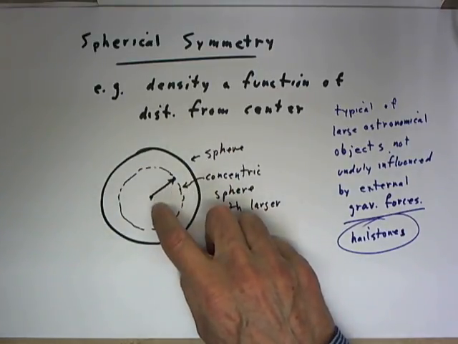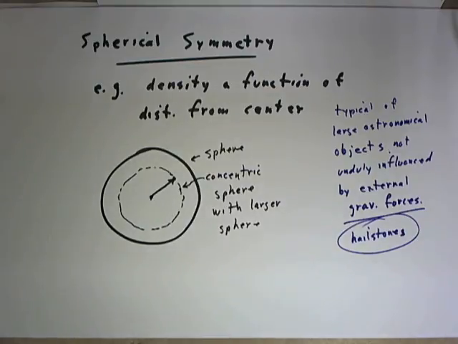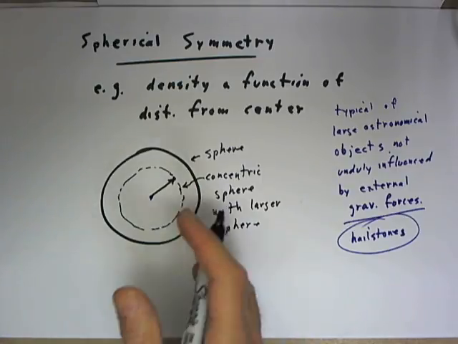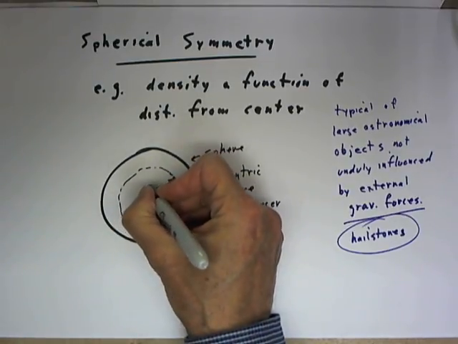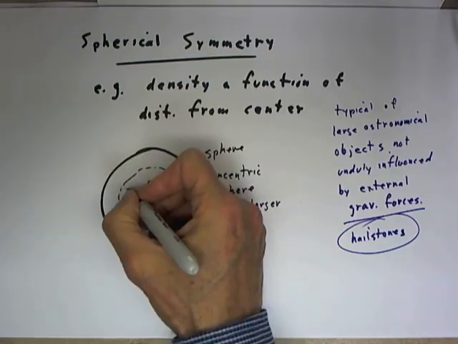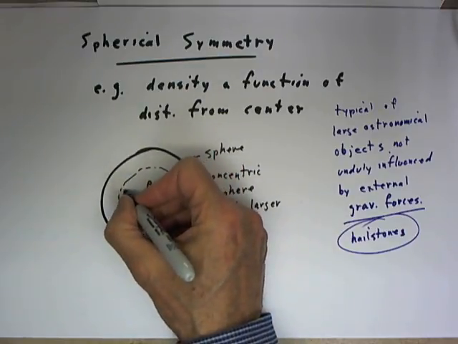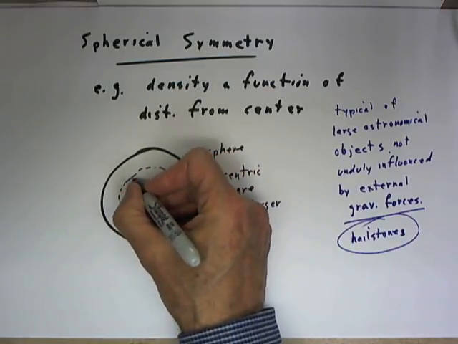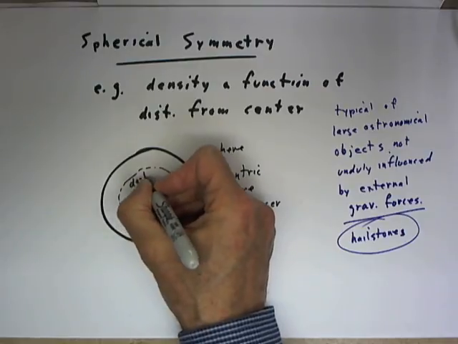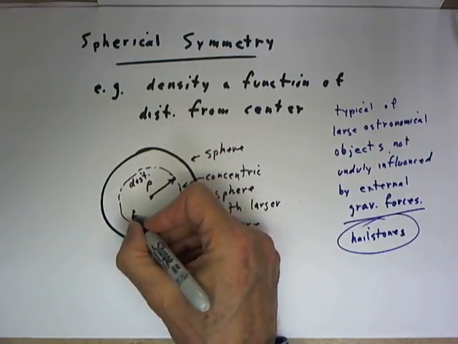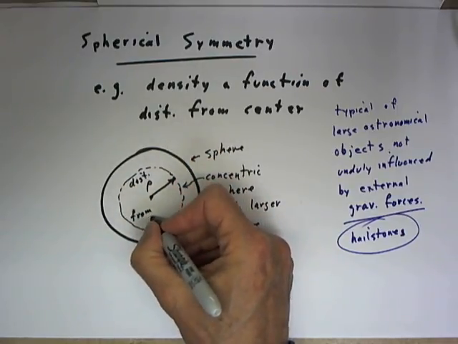And one problem with using small r is it could easily be confused with a polar or cylindrical coordinate. So I'm going to use the Greek letter rho. So let's let this be the radius, or the distance rho from center.